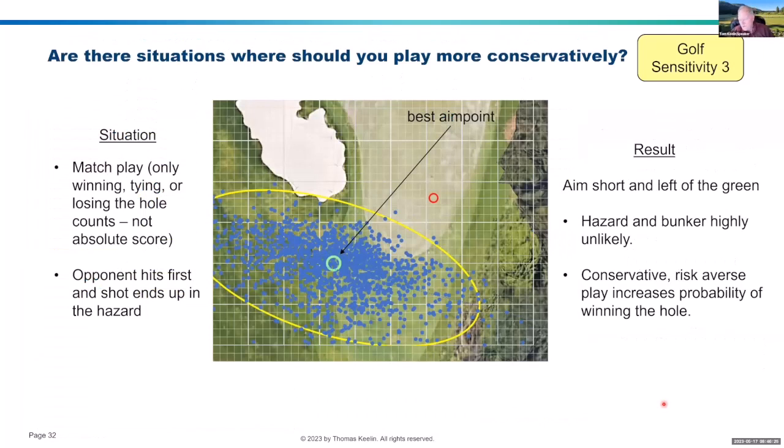Are there situations where you should play more conservatively? The answer is yes, and this is where you would take risk aversion into account. The golfers here will know what I'm talking about.